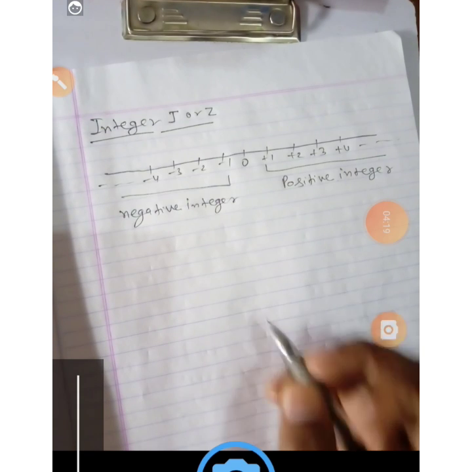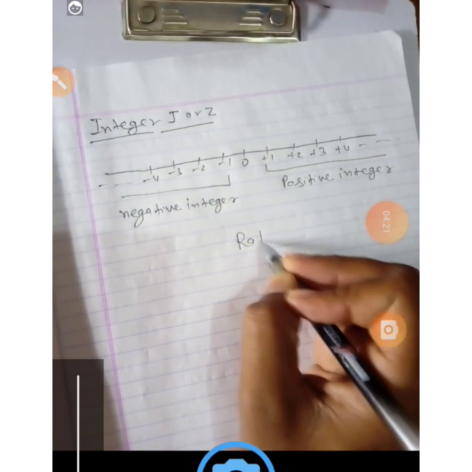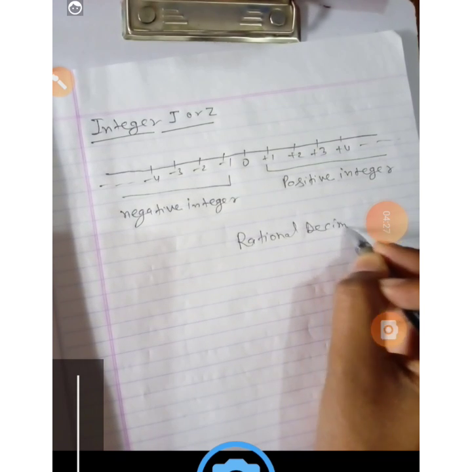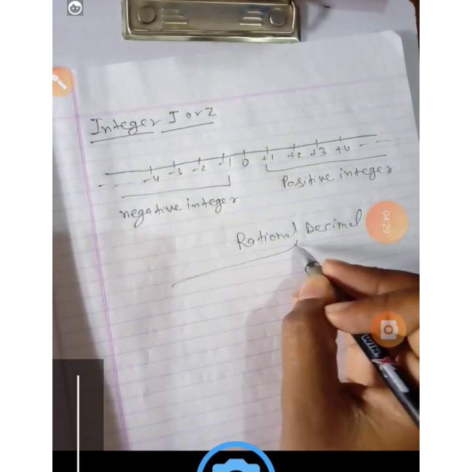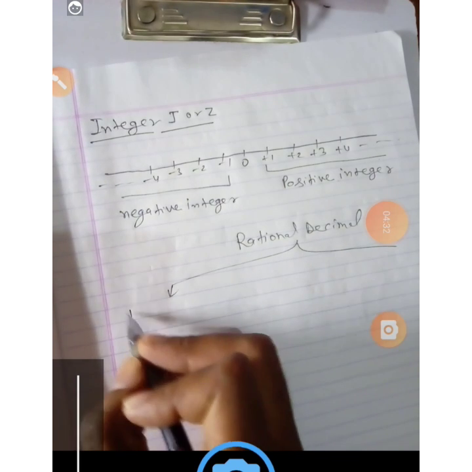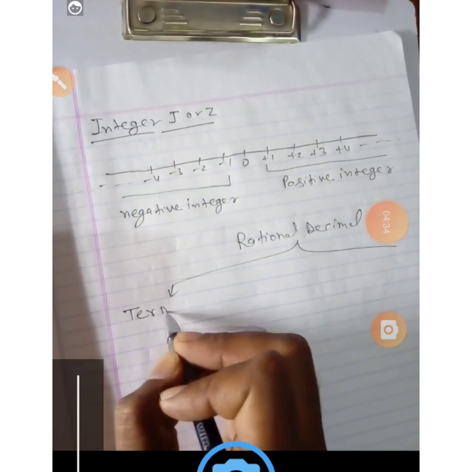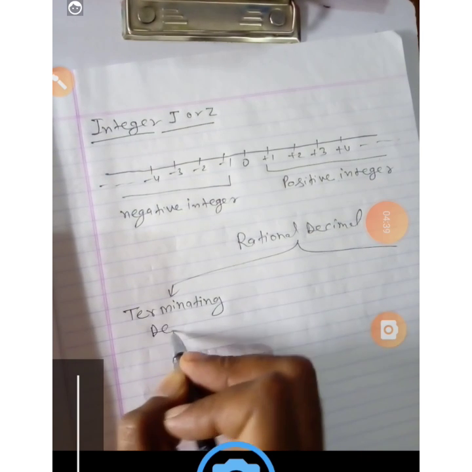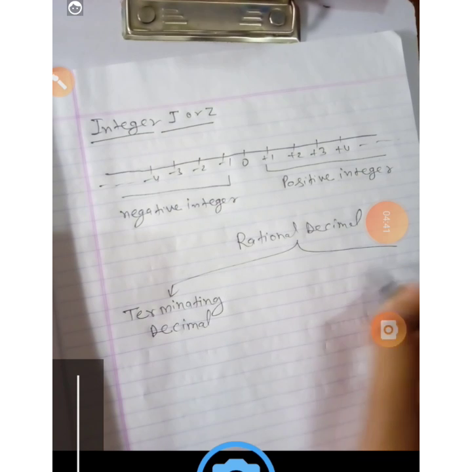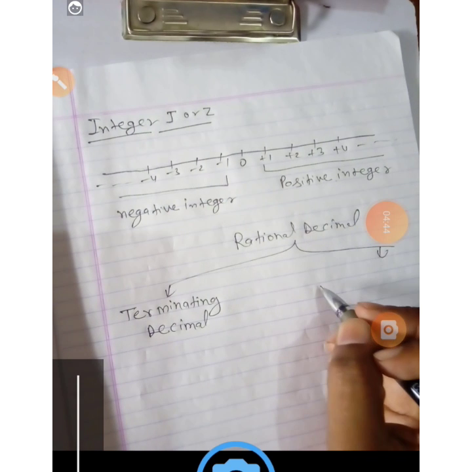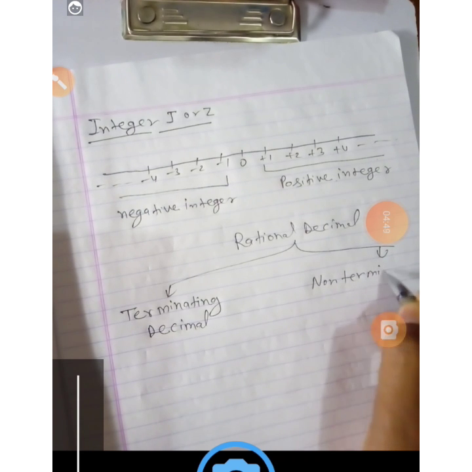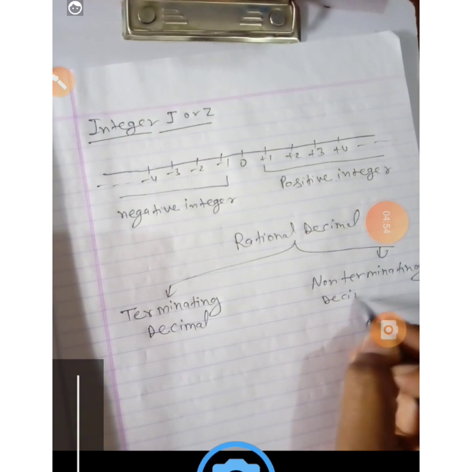And rational numbers have two types, rational decimals. There are two types: terminating decimal, and second, non-terminating decimal.